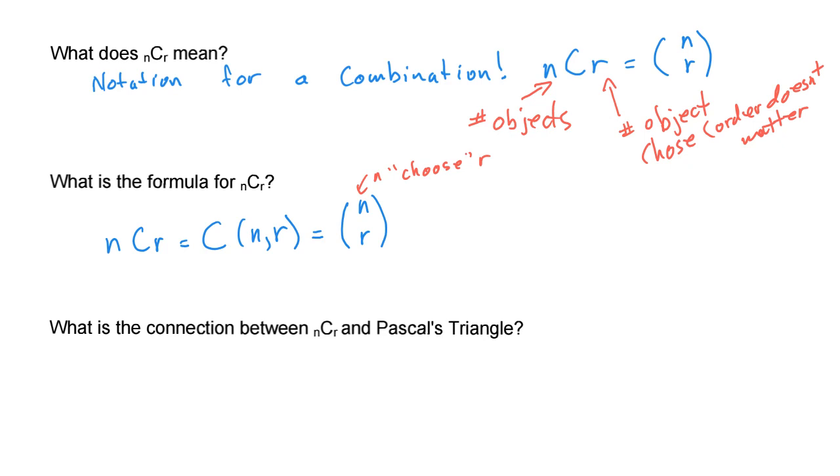So here's what the formula is. The actual formula is, let's call it CNR, is equal to n factorial divided by r factorial times n minus r factorial.